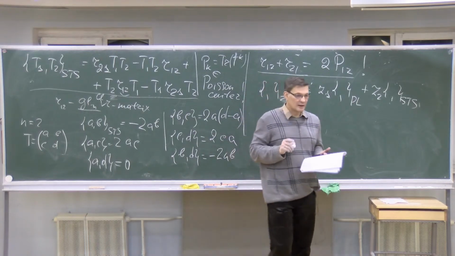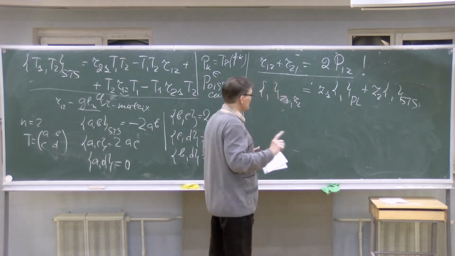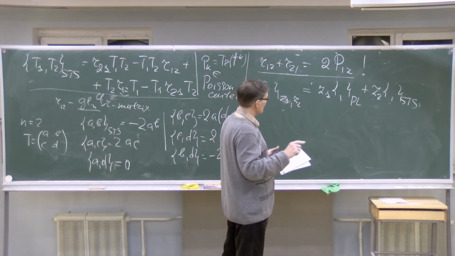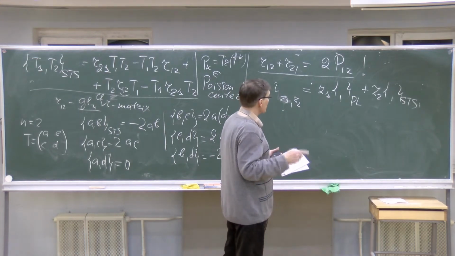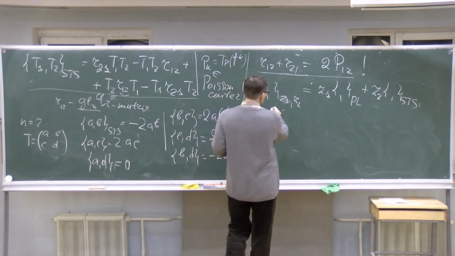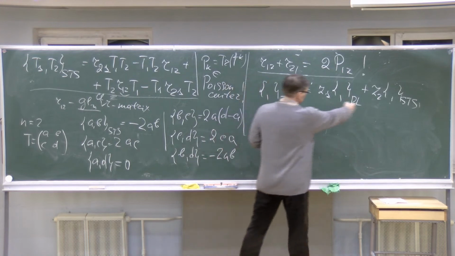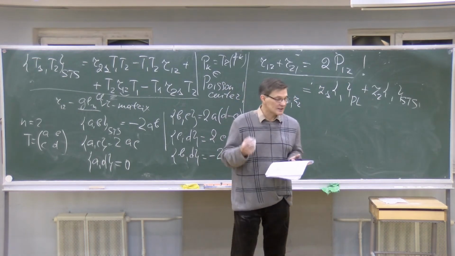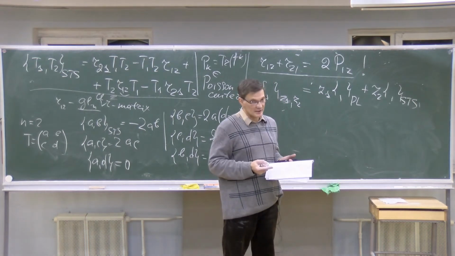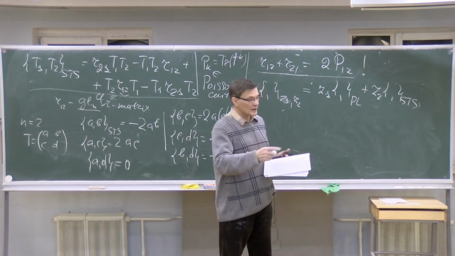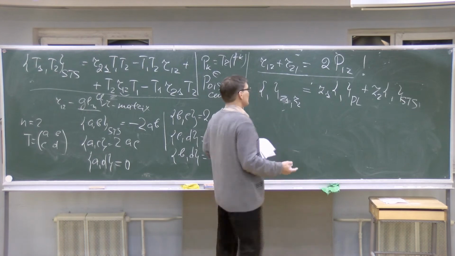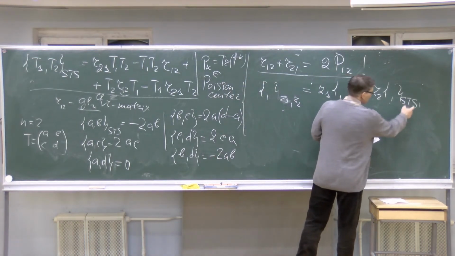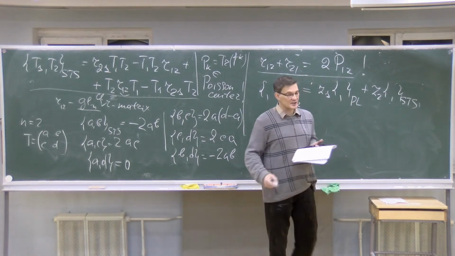Let me say a couple of words about this slightly later. In order to verify that this is a Poisson bracket, of course, the main thing is to verify that it satisfies the Jacobi identity. And here we have a mix of the Poisson-Lie bracket and the Semyonov-Tyan-Shansky bracket.